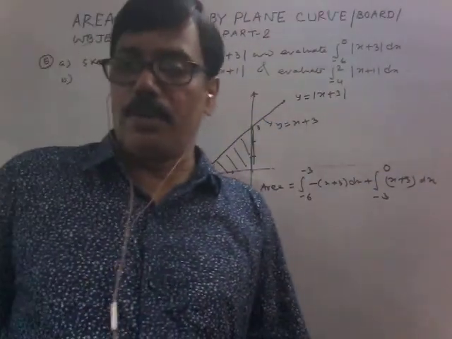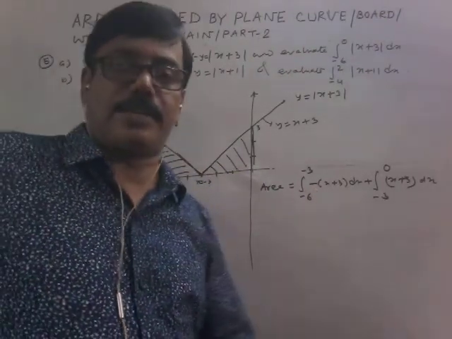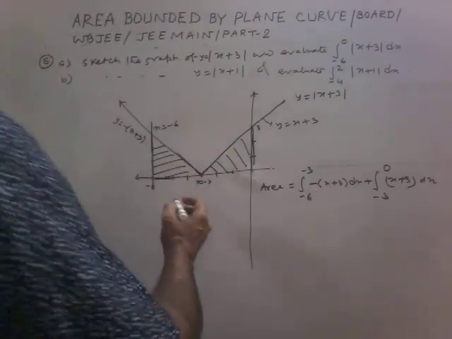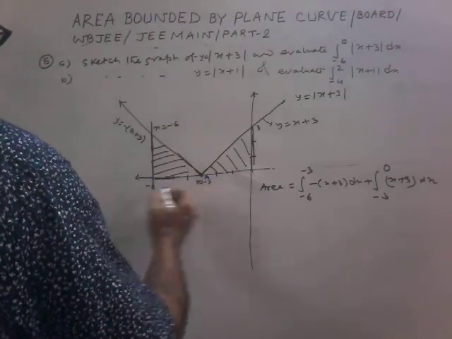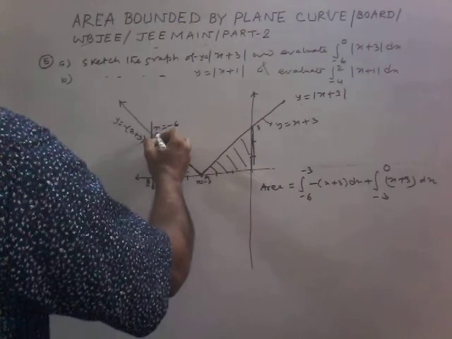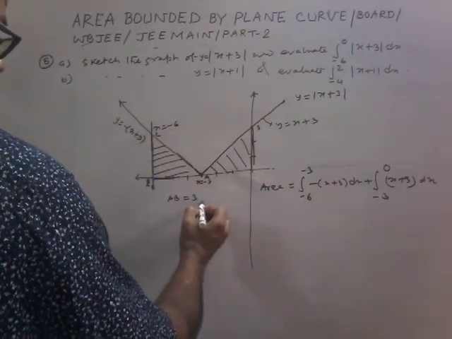Now if it is a board exam problem, then you have to integrate. Otherwise, look, it is minus 6, it is minus 3. Suppose this is A and this is B and this is C. So what is AB? This distance AB is 3.